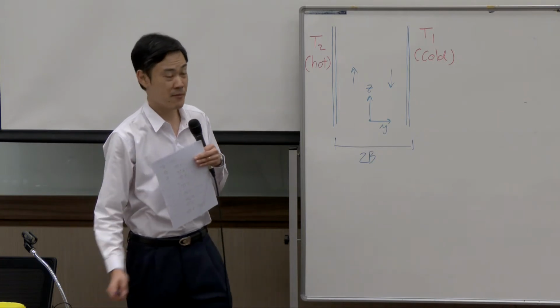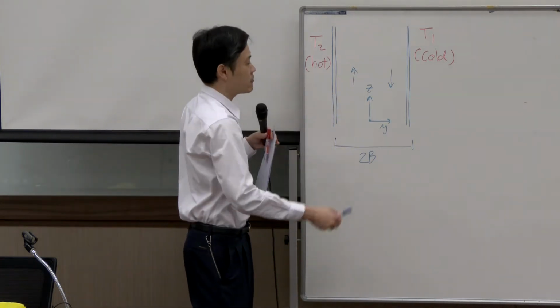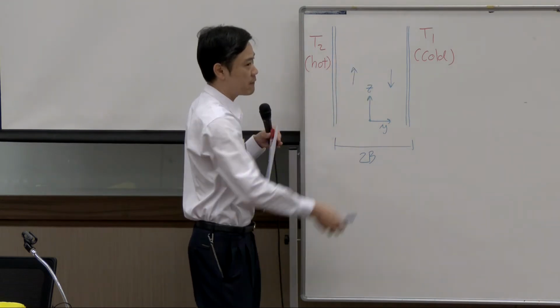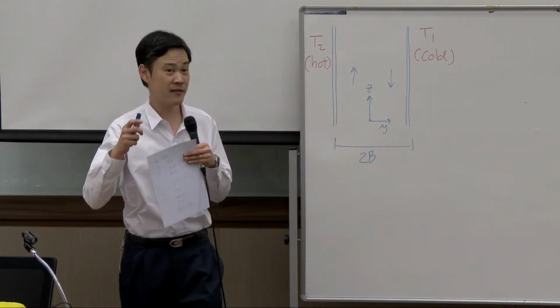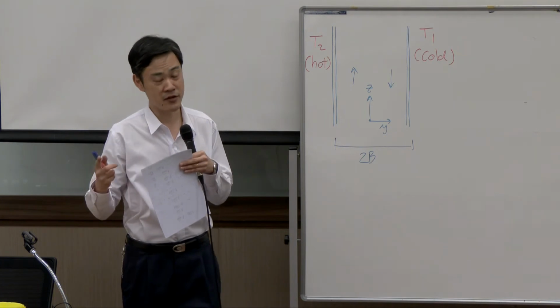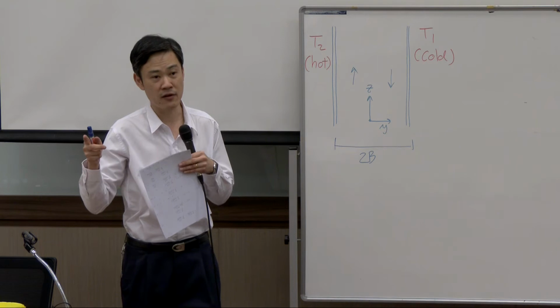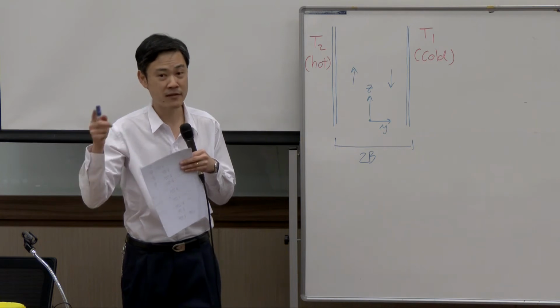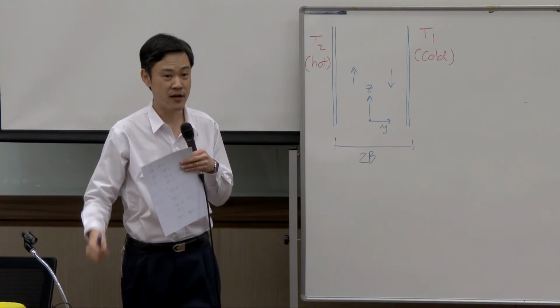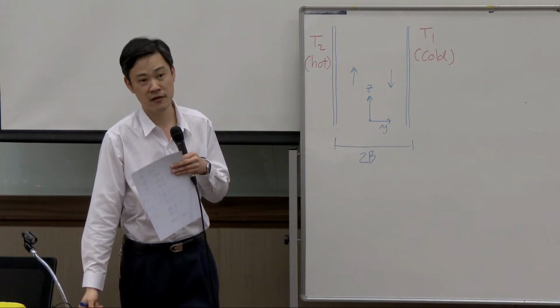Okay? But for this particular example, if there's a movement of fluid, then it is not pure conduction. You add another term, the other term would be convection. So that would make the equation for energy nonlinear.